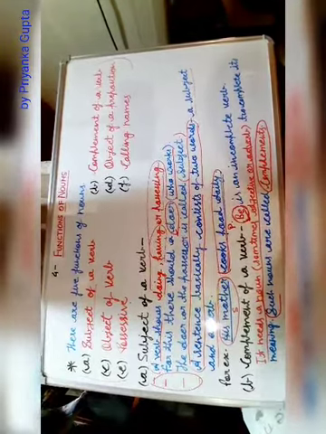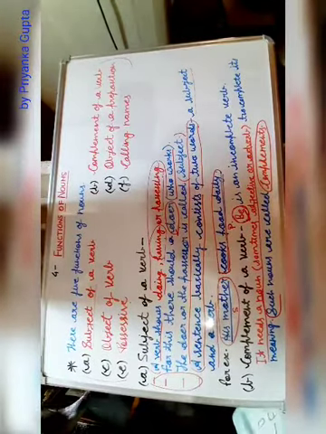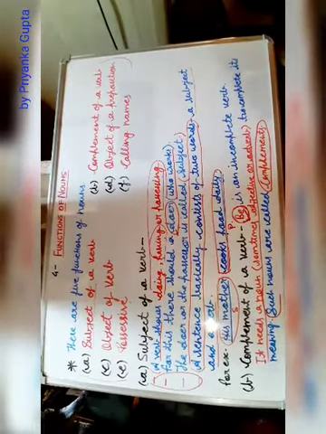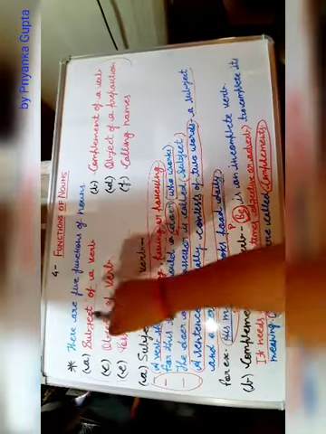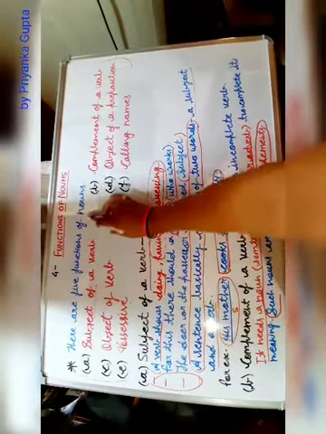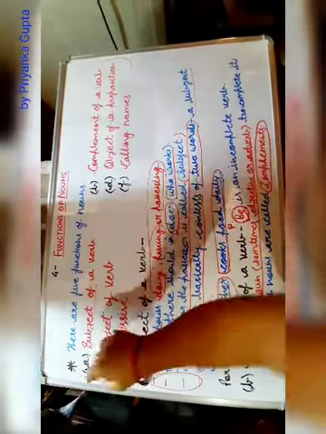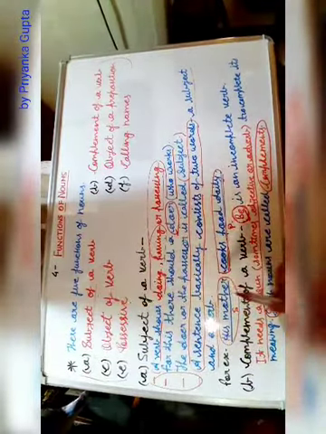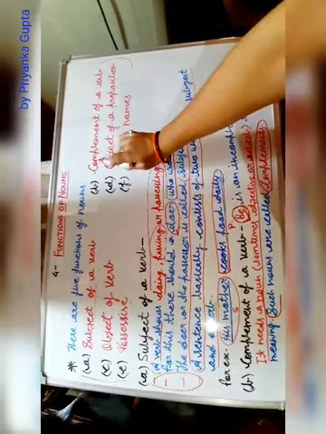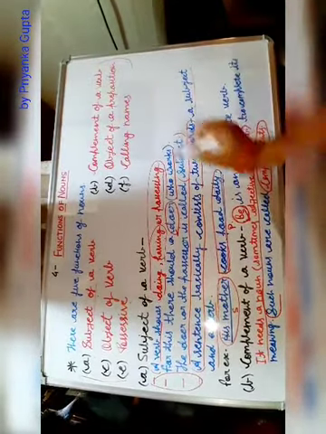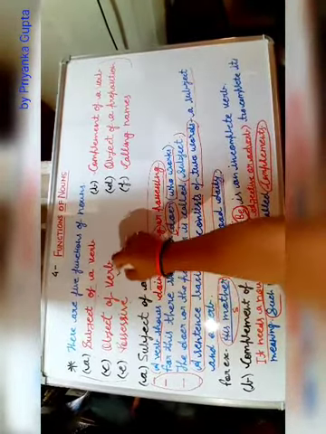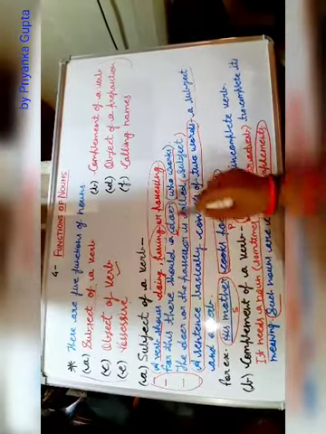Okay? So let's see what are the functions of nouns. Students, there are 5 functions of nouns. First is your subject of a verb. Second is complement of a verb. Third one is object of a verb.